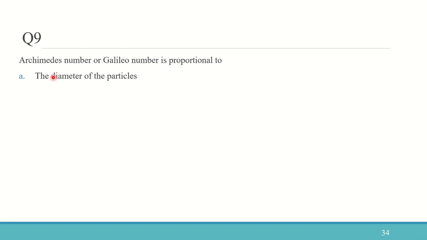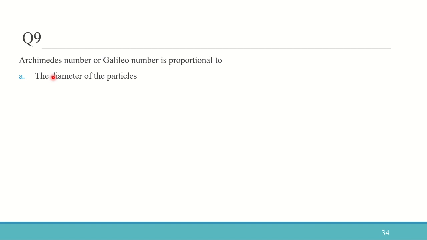So Archimedes number is given by dp cube into rho p minus rho f into rho f into g divided by mu square.